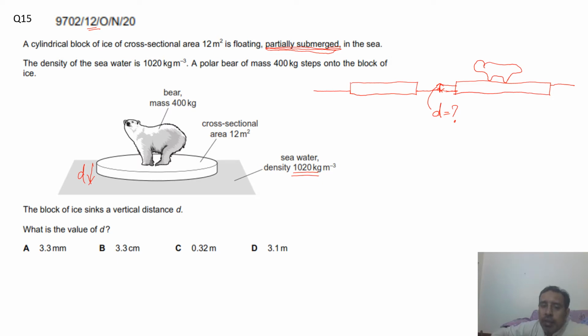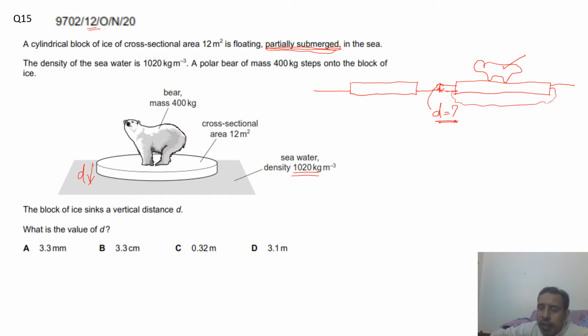So now it is very simple. When the ice is going to submerge up to this D, this is because of the bear standing on the top of this ice. So we can say in easy words that the mass of this bear must be equal to the mass of that water displaced.